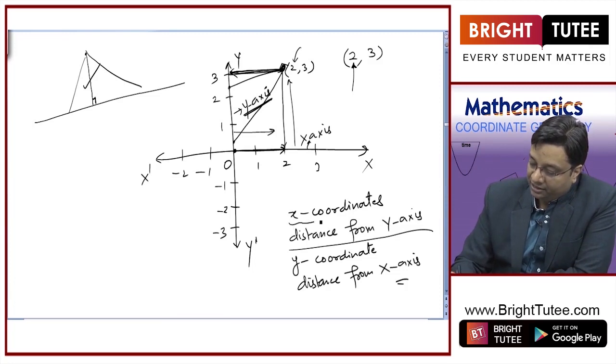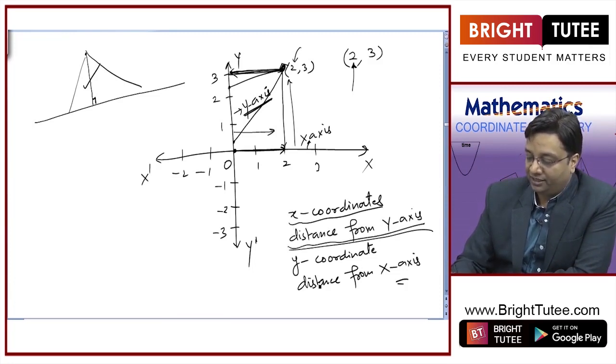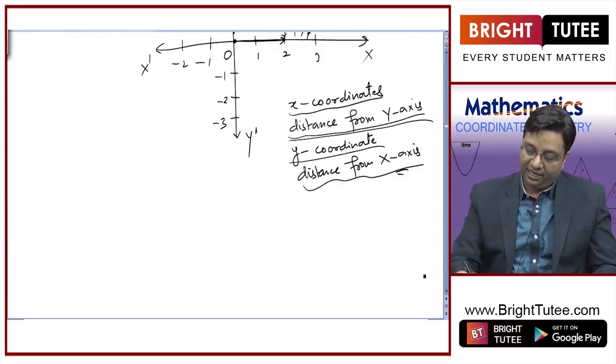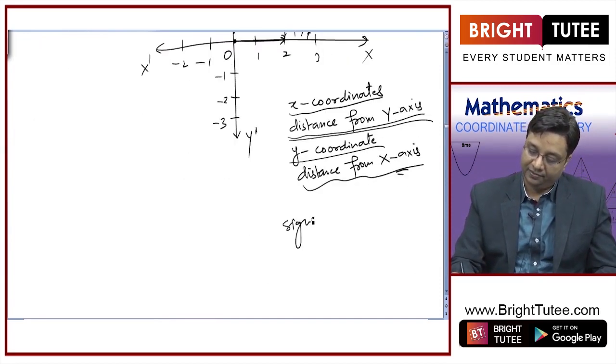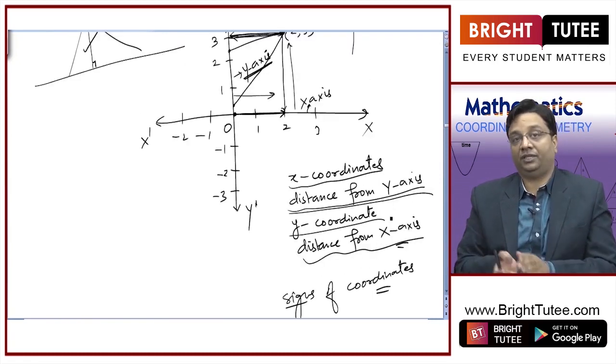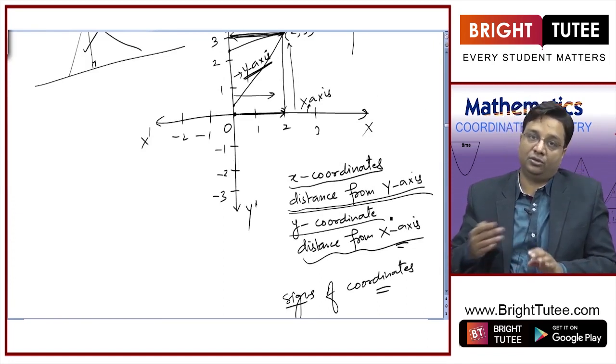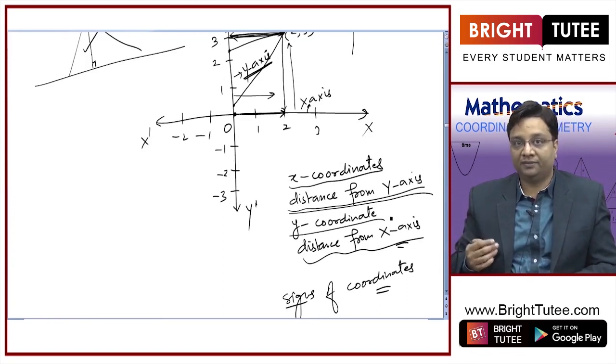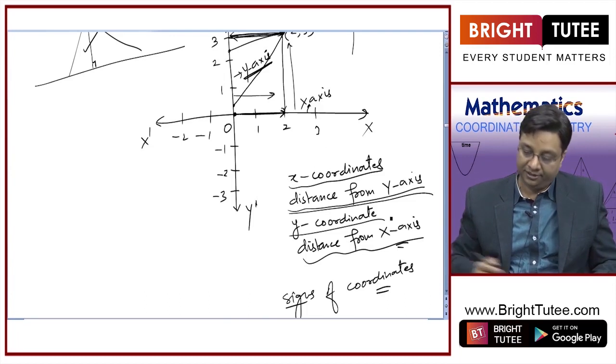Okay, now this x coordinate will give me distance from y axis, y coordinate will give me distance from x axis, and the signs of coordinates will give me the direction, whether it is in the negative direction of x axis or negative direction of y axis or the other directions.